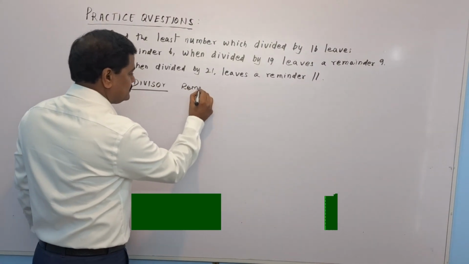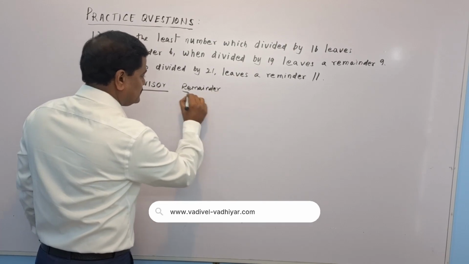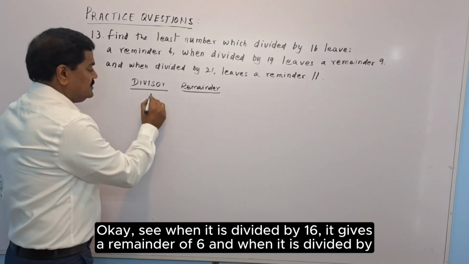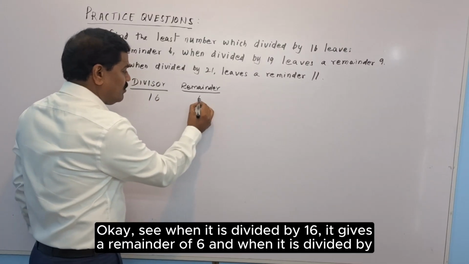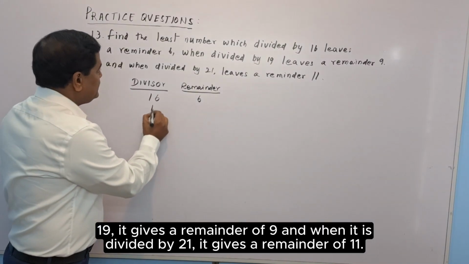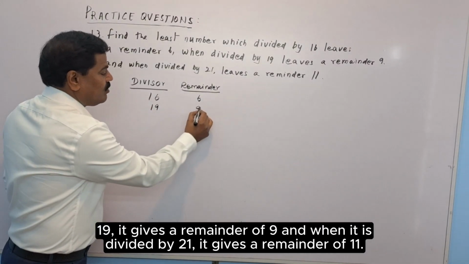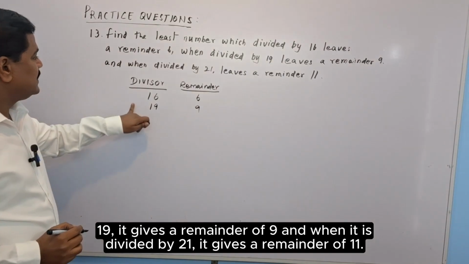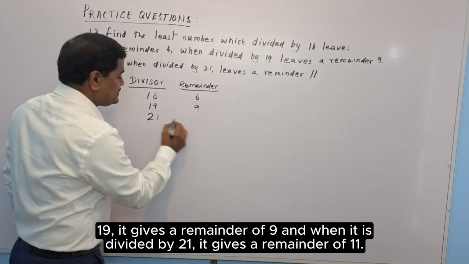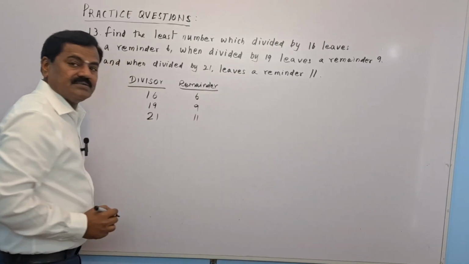Divisor, remainder. When it is divided by 16, it gives a remainder of 6. When it is divided by 19, it gives a remainder of 9. And when it is divided by 21, it gives a remainder of 11.